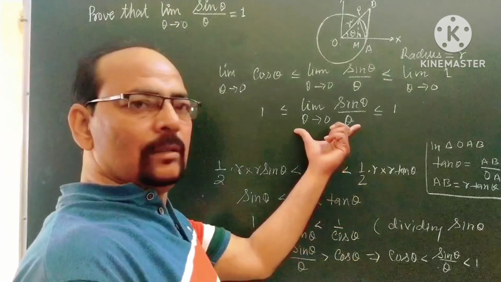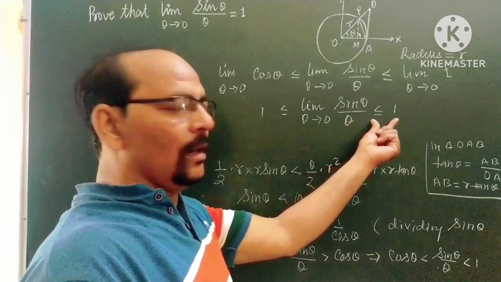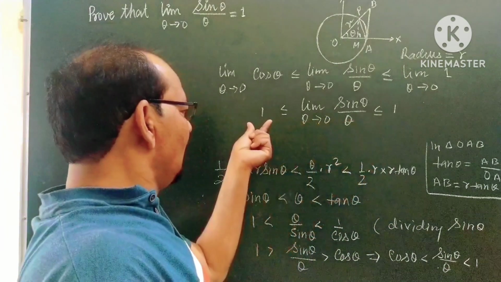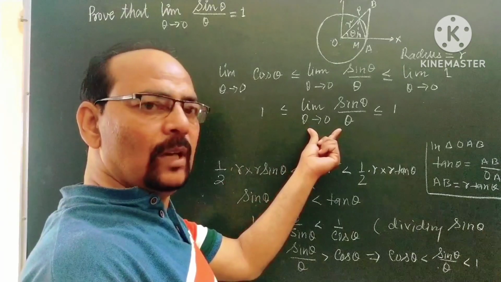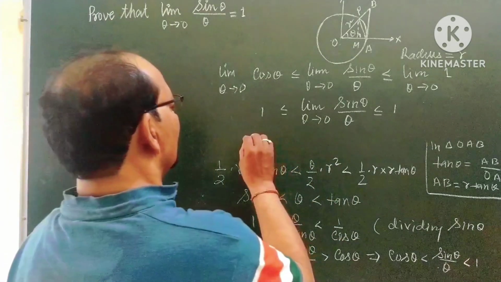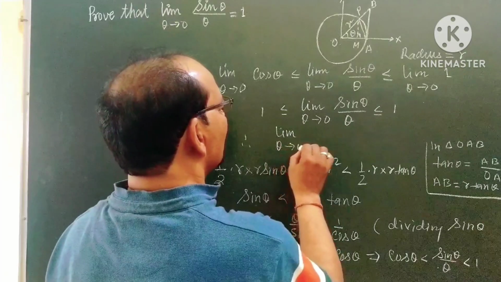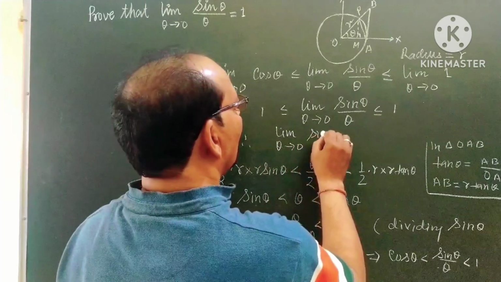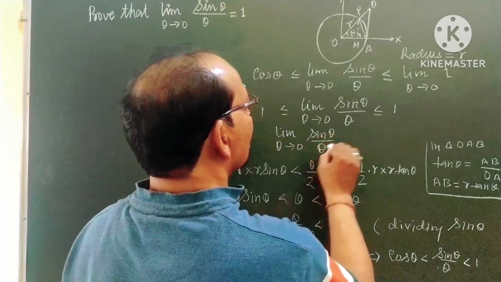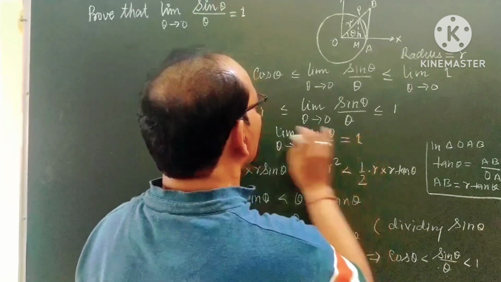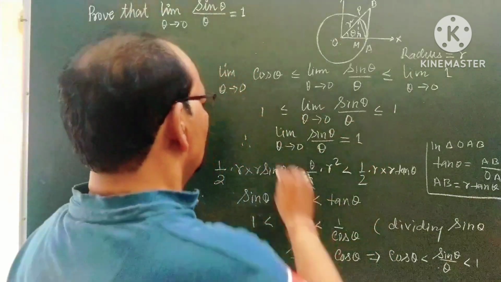We observe here, this is less than or equal to 1 and this is also less than or equal to 1. Therefore, we can write limit theta tends to 0 of sin theta upon theta is equal to 1 from both sides.